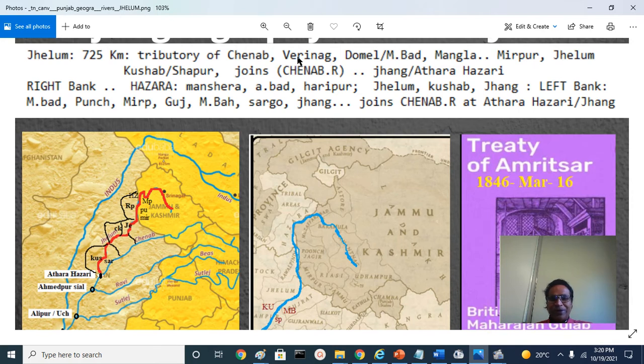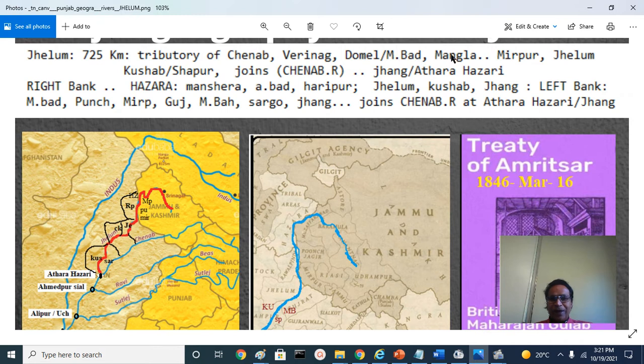JHELUM River originates at Verinag in the Valley of Kashmir. It goes through the JHELUM Gorge and continues its journey at Goel and Muzaffarabad. It takes a southern bend where Kishan Ganga River joins JHELUM River from the north.